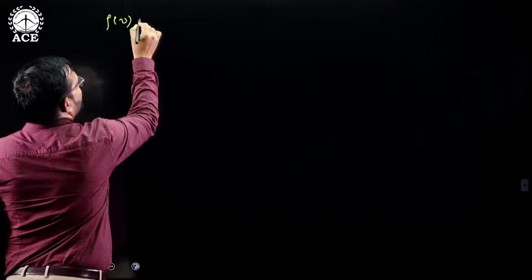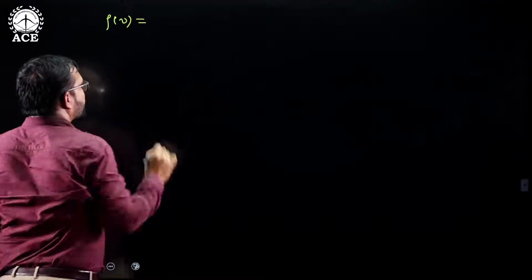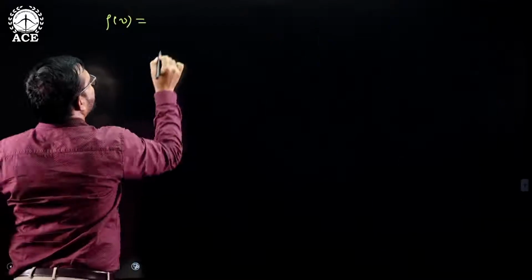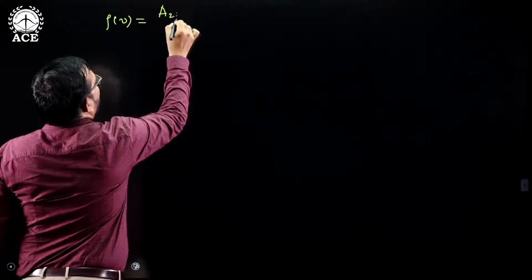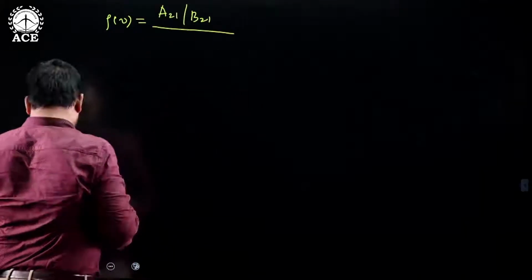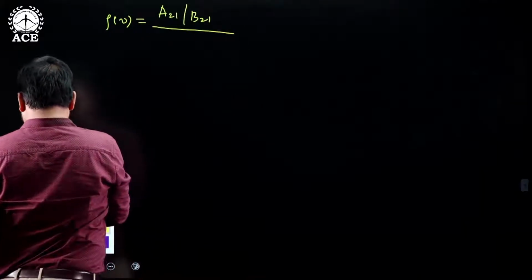What am I writing here? Equations 6 and 7 are both photon density equations. What is equation 6? A21 by B21 by... So instead of writing this, I am comparing here itself.